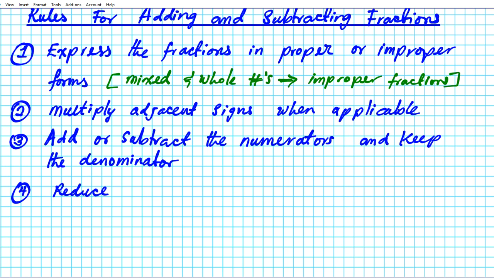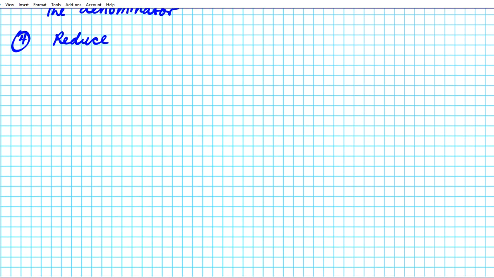All right. So let's take a look at the formulas for adding and subtracting fractions with identical denominators. If you want to add, let's say you have a fraction a over b plus another fraction c over b. You see I have identical denominators.